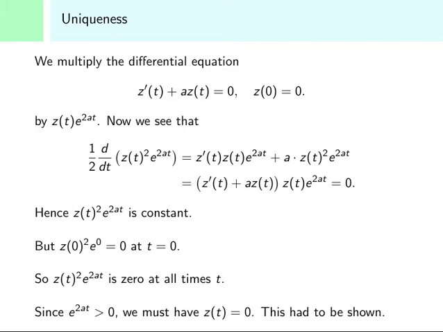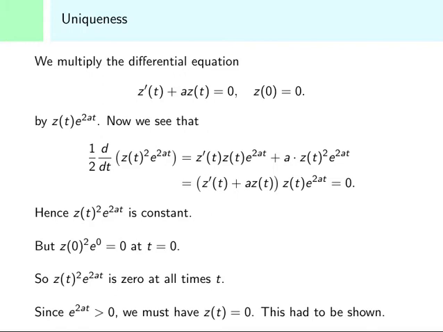And that first factor equals 0 because, after all, z of t satisfies the differential equation. What that tells us is that the time derivative of z of t squared times exponential 2at must be 0. In other words, the function z of t squared times exponential 2at is constant.